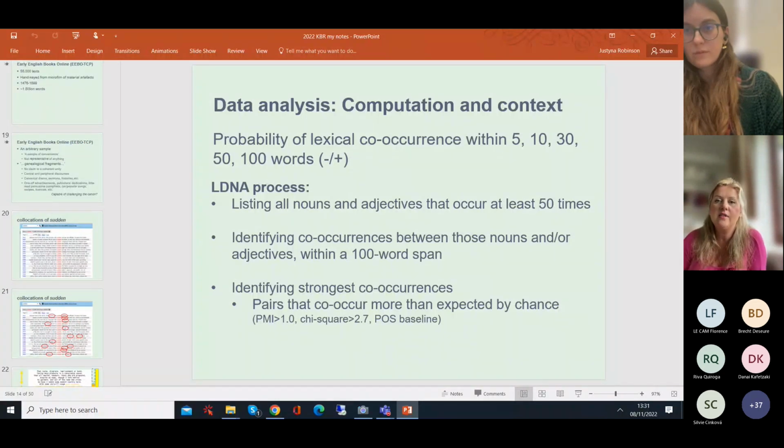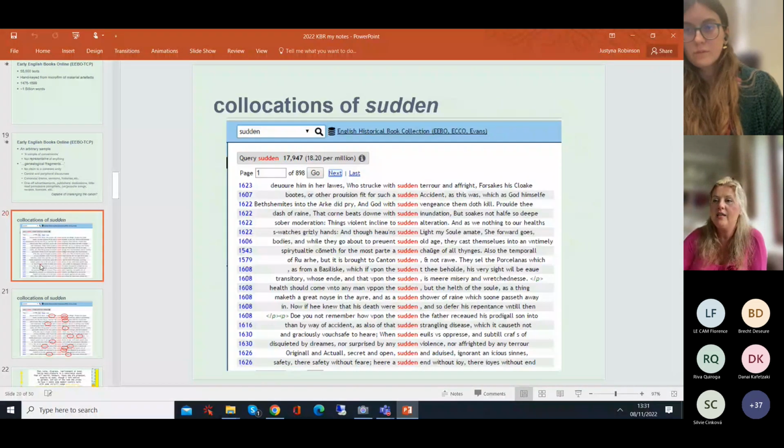So how will we proceed with the analysis? Let me show you an example of the adjective sudden. We wanted to look at the concept of suddenness.